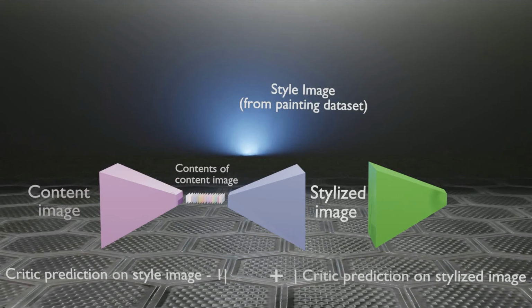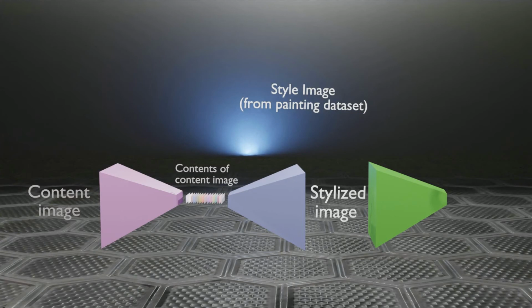Now that the critic is trained, we will train our generator to produce Monet-like stylized images. Remember that it's the critic's job to classify or differentiate between original Monet style images and stylized images. Also remember, 1 shows style or Monet images and 0 shows stylized or generated images.